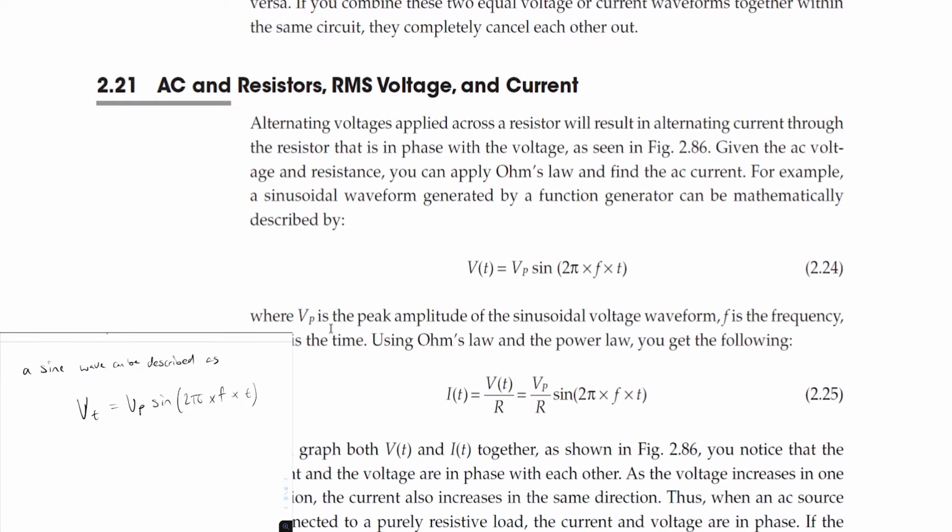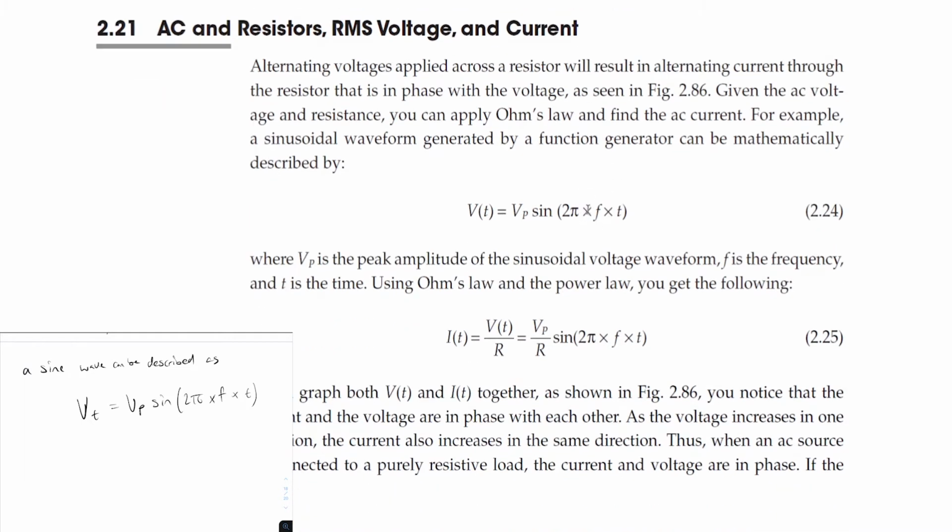Where VP is the peak amplitude of the sine voltage waveform, F is the frequency and T is the time. Using Ohm's law and the power law, you get the following. What? Why? I don't get it.